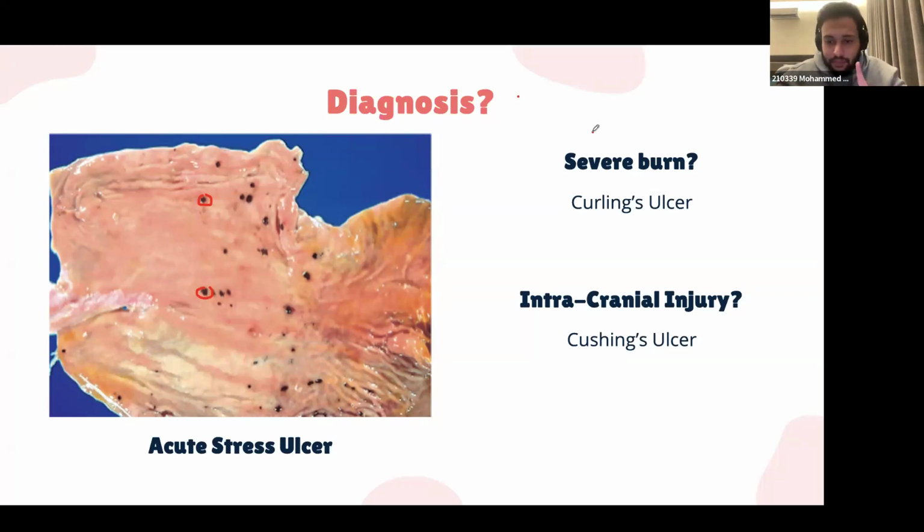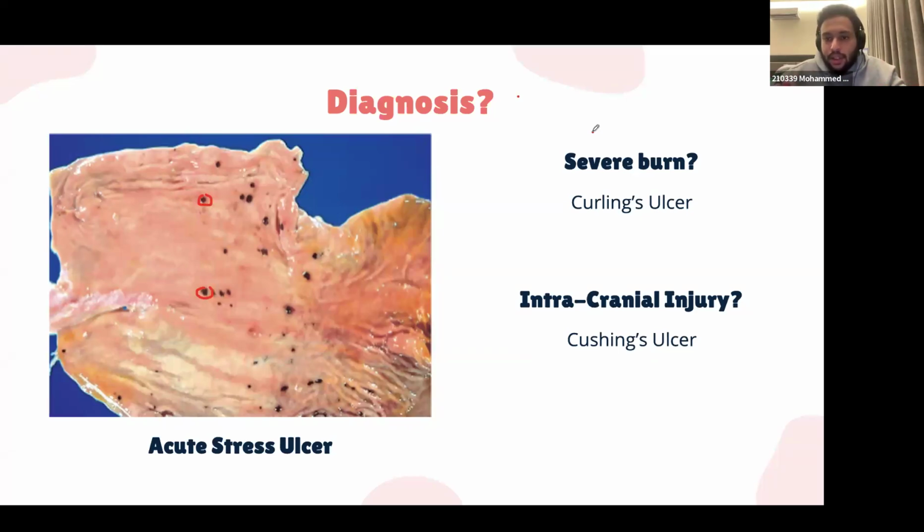With intracranial injury, what happens is that there's increased vagal output. So, for example, if someone has increased intracranial pressure, increased vagal stimulation because of the muscarinic receptors will increase the amount of acetylcholine that binds to it, increase acid production, Cushing's ulcer. Okay, so this is an acute stress ulcer.